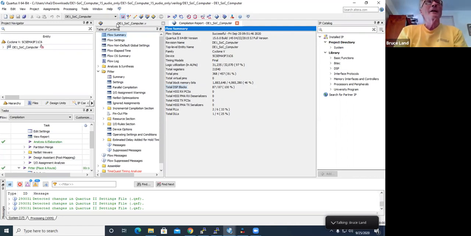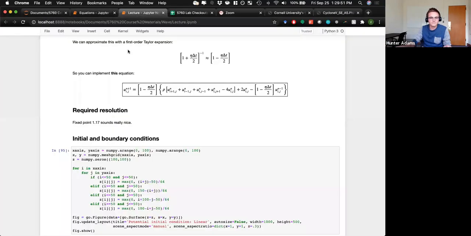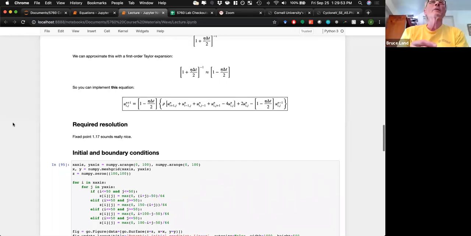But Hunter, could you go back to the equation for a minute? Yes. Yeah, that one. You'll notice that there's a sum of 4 surrounding elements, and then you subtract the element that you're calculating from that.